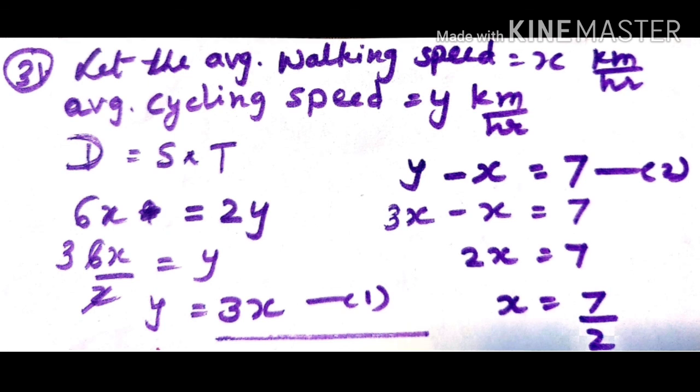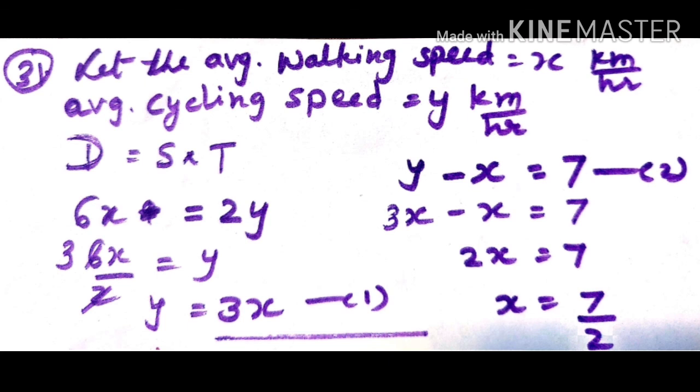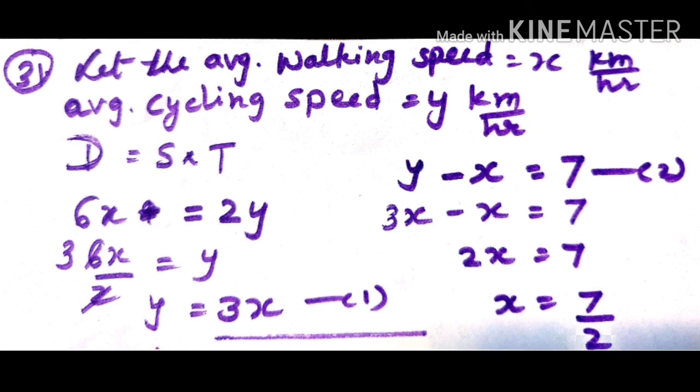Now you read further, the boy walks to a picnic spot from his house in 6 hours. It means the time is 6 hours. But he can travel the same distance, which means the distance is the same, and by bicycle he takes 2 hours only. So we will equate these two. By walking he takes 6 hours, so time is 6 and speed is x, that is his walking speed.